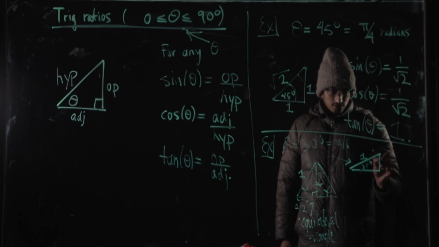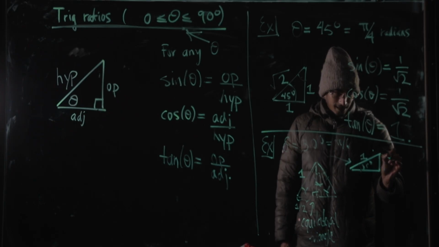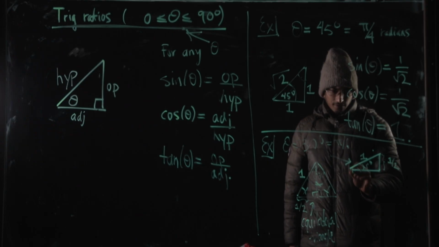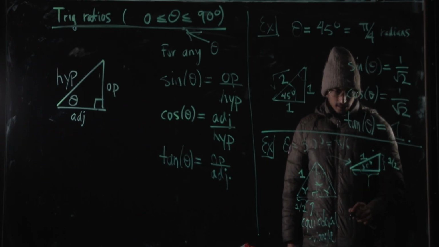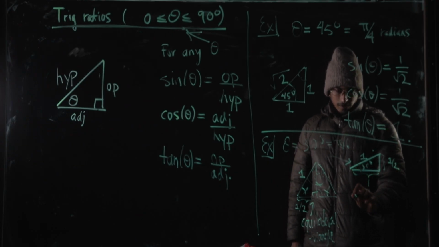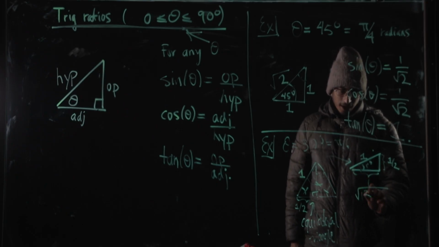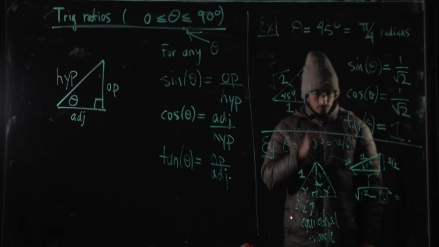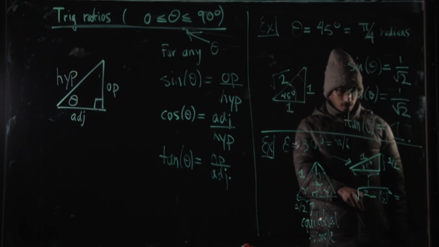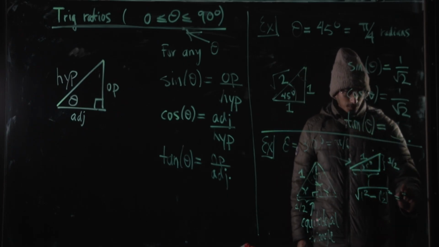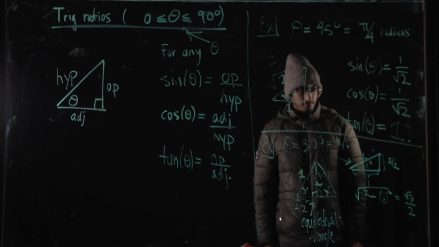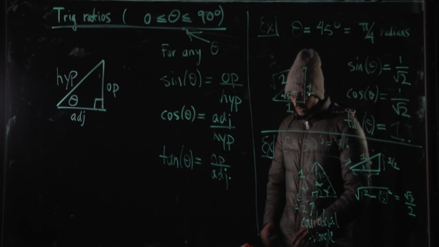And this side length over here was 1/2. What will be this side length over here? This side length is equal to the square root of 1 squared, hypotenuse squared, minus this side squared. So that's equal to the square root of 1 minus 1/4, which is the square root of 3 divided by 2. Great.